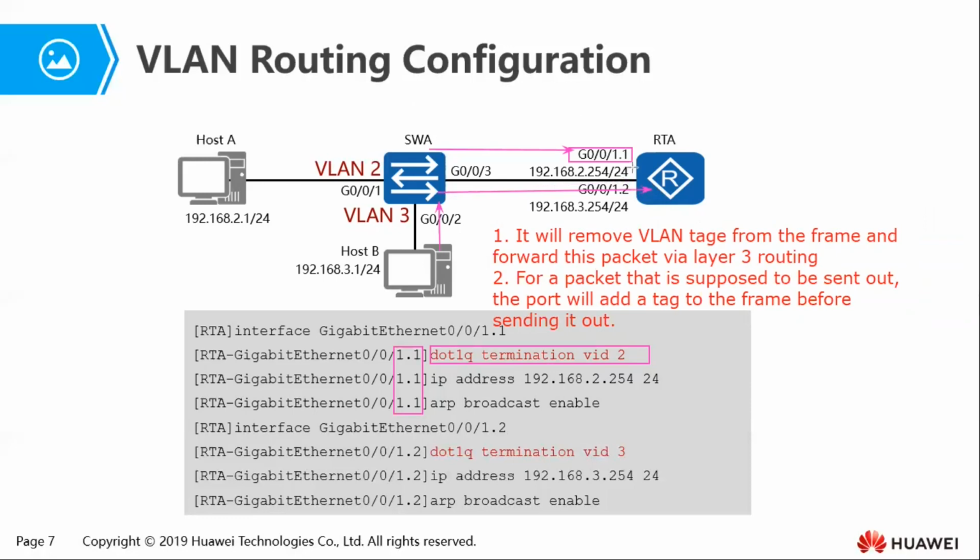Then the router, before sending it back to the switch so that it can be delivered to host A, will actually add a tag at this point here before sending it out, and that tag will have a VLAN ID of 2.